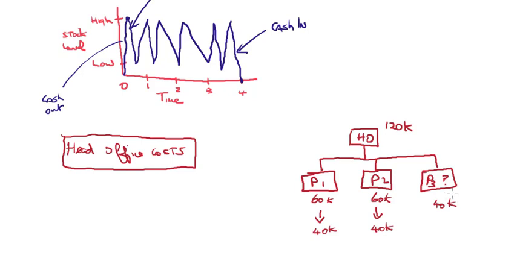And the question is, is this 40,000 incremental? Should it be included in our calculations on making a judgment about the project? And the answer is, we say no. This 40,000 would not in itself be regarded as incremental.